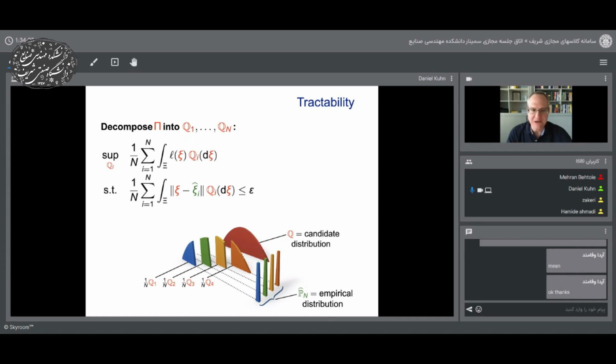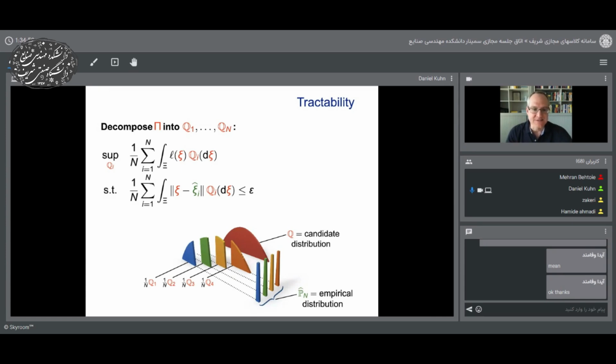And what we've achieved now is we've actually reformulated our optimization problem as a so-called generalized moment problem. It's a problem that has finitely many constraints. Well, there's only one constraint here, and there are actually n implicit constraints, because the Qi's need to be probability distributions, right? So they need to be normalized and non-negative.